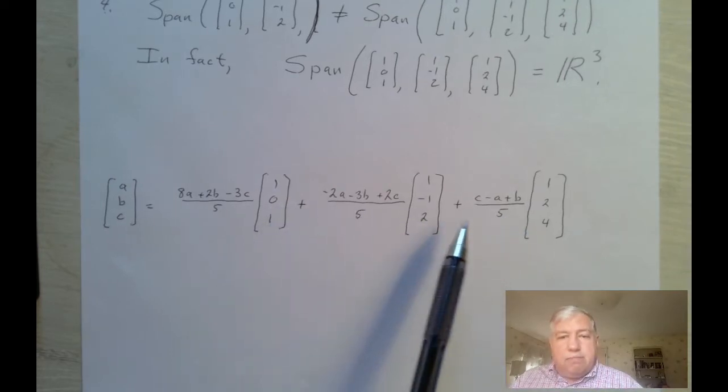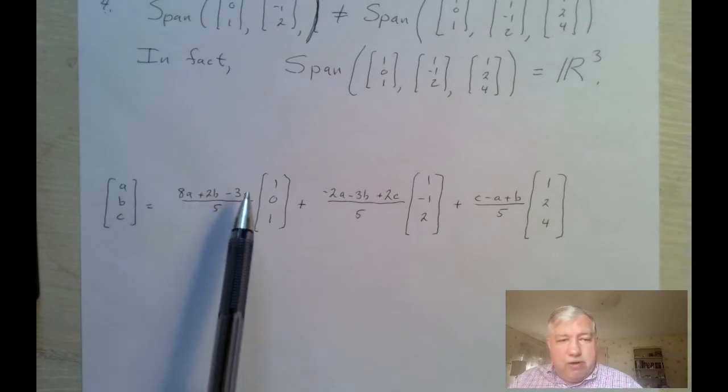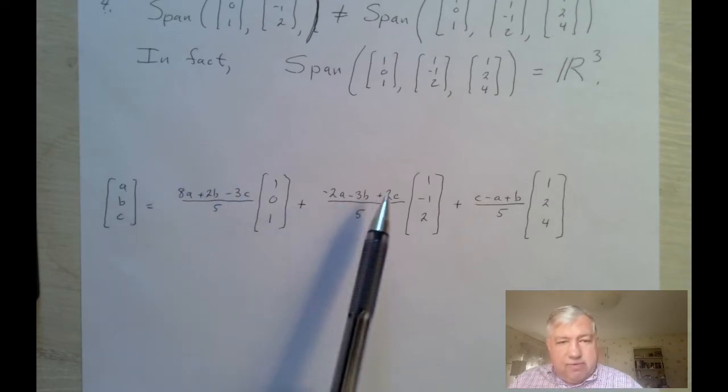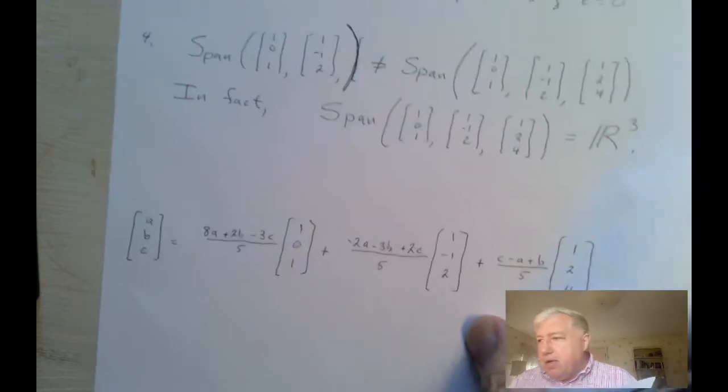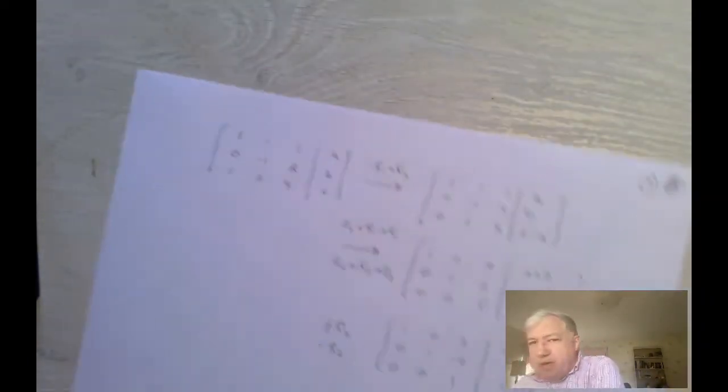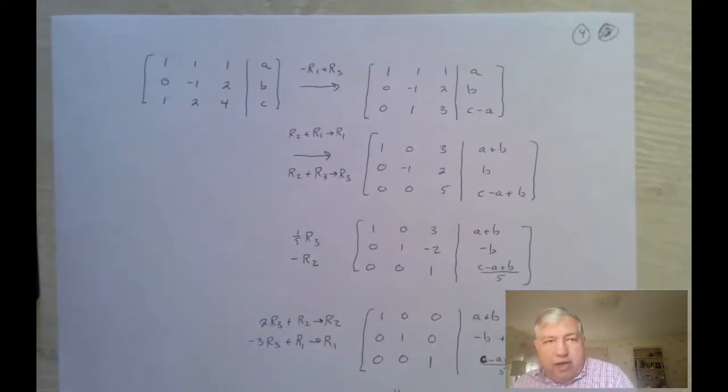So now, where do these ugly fractions come from? How am I just a genius? No, I'm not a genius. I just know how to compute. We know how to do Gaussian elimination now. This is where this comes from, and on the next page I've outlined where this came from.